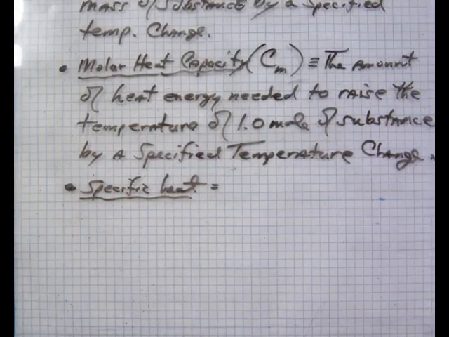Now we talk about water. Its specific heat's 1 calorie. That means it takes 1 calorie, whatever the heck that is, to raise the temperature of water 1 degree Celsius. Now metals, they have lower specific heat. Some organics, they have higher specific heat. It takes more energy to raise a temperature.